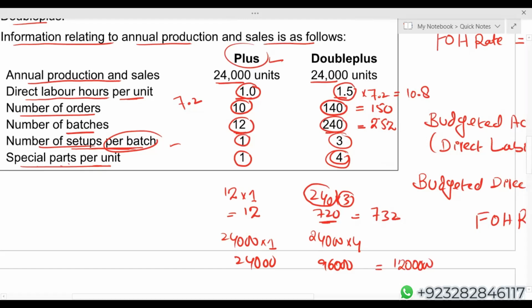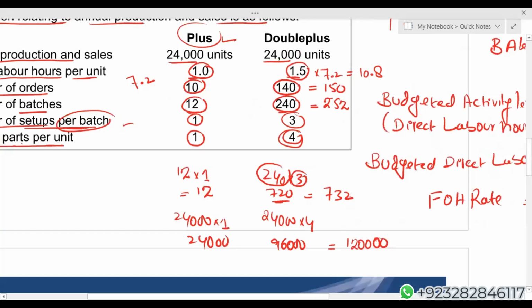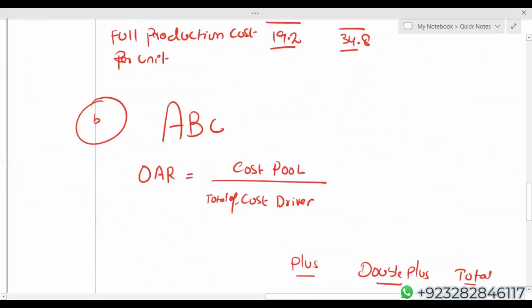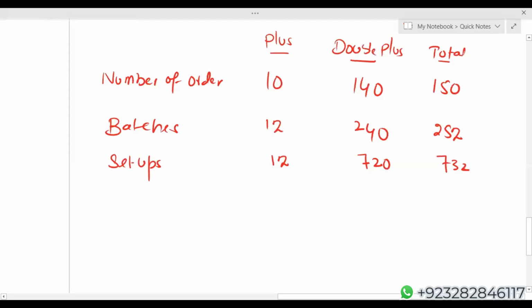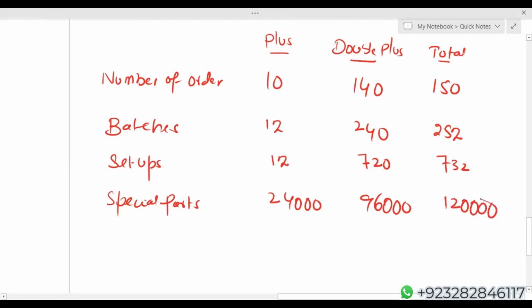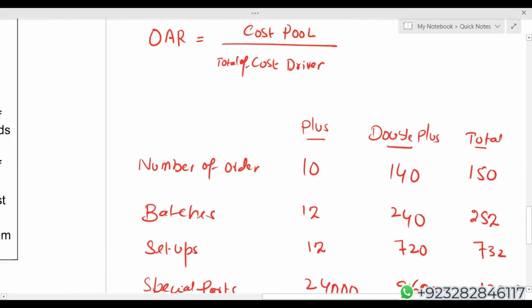It means for plus we need 24,000 and for double plus we need 96,000, and the total we are getting is 1,20,000.